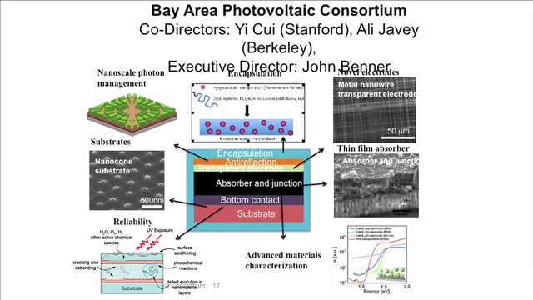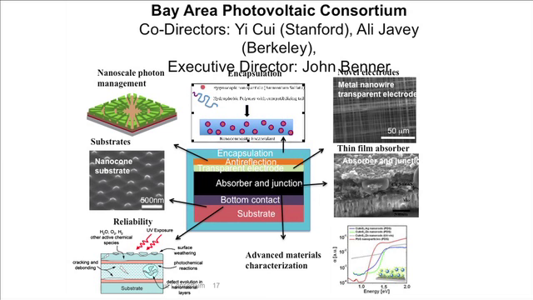To really get there, you look at the fundamental solar cell structure, you need to worry about every single component in this solar cell. We have thrusts looking at everything starting from encapsulation, the outside part of the solar cells, to nanoscale photon management. When the sunlight comes in, how do you absorb all the sunlight photons? To the new types of transparent electrodes, absorber layers.